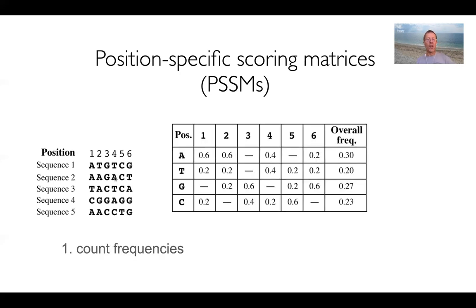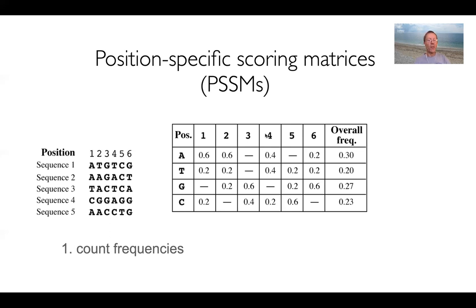The way you calculate that matrix is very simple. You first just count the frequencies of each of the bases in the different columns. So in column 1, you find 60% A, 20% T, 0% G, and 20% C. Those are the frequencies of the bases in that first column.